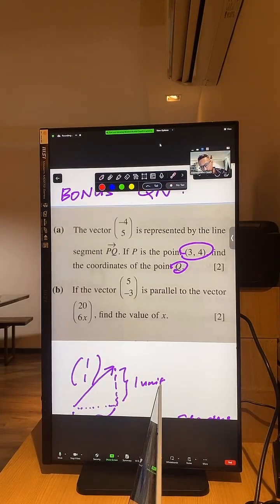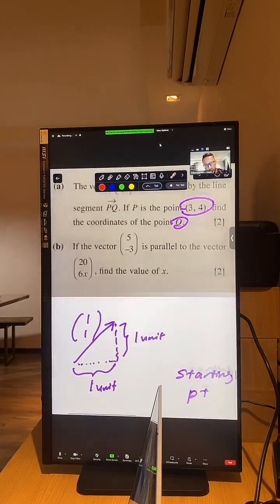Look here. This is 20, this is 5. You see that? 20 is a multiple of 5, isn't it? So one vector will be a multiple of another vector. 6x here will also be a multiple of negative 3, by the same degree that 20 is a multiple of 5.